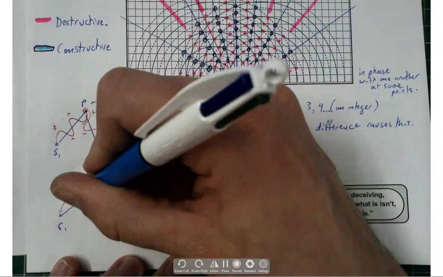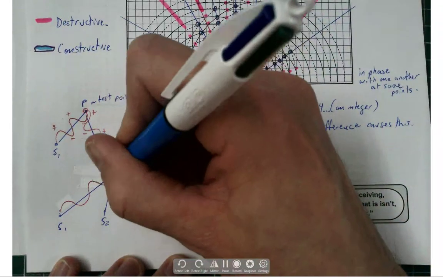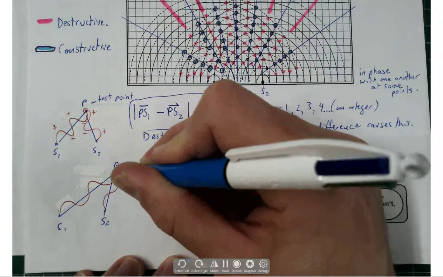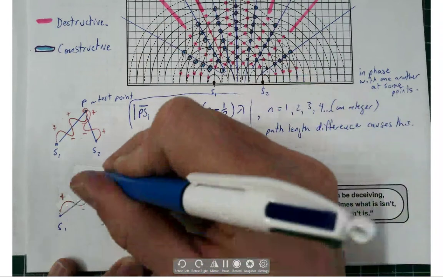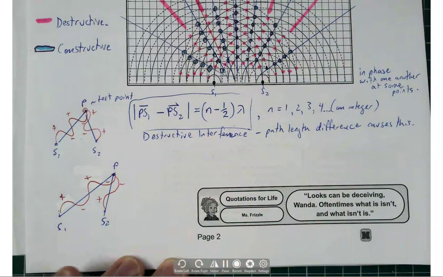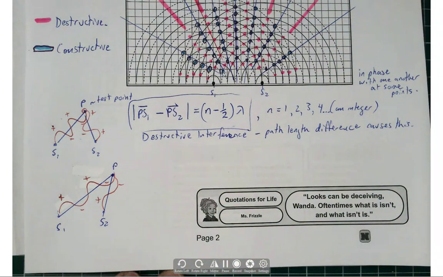This one fits positive, negative, positive, negative. This one, on the other hand, only fits a positive and a negative. But if I label this one plus, minus, and I label this one plus, minus, notice that both of them get their negative amplitude to the same spot at the same time. And that means constructive interference.